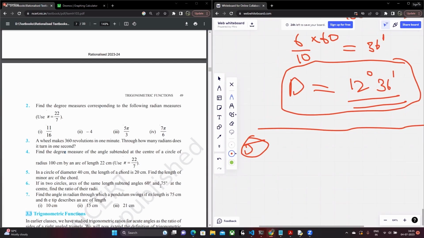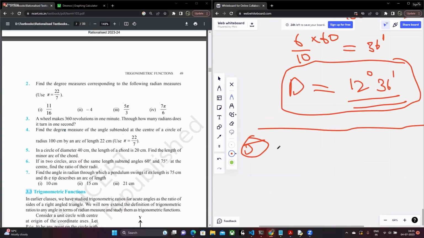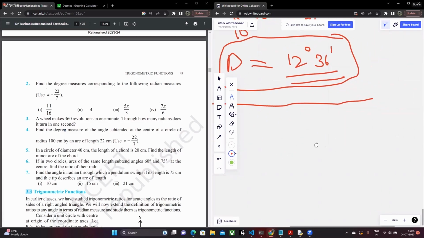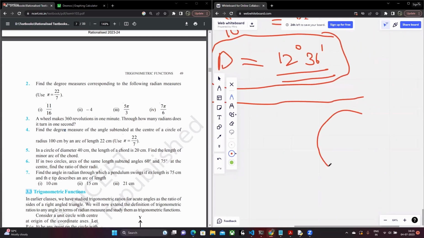Question number 5. In a circle of diameter 40 centimeter, the length of a chord is 20. Find the length of minor arc of the chord. So again, drawing a circle, take the center. Since this is the center, let me mark it as O. This is the radius, that is going to be 20 centimeters, right?